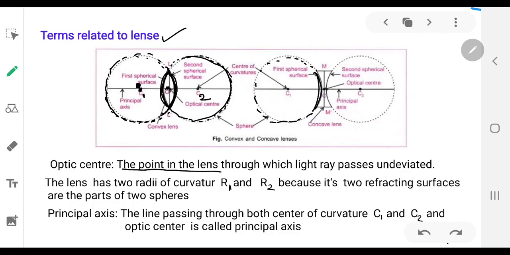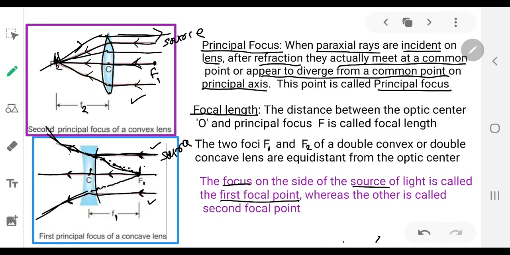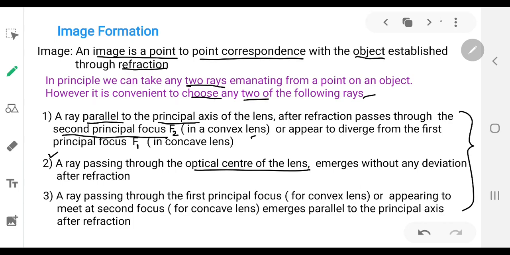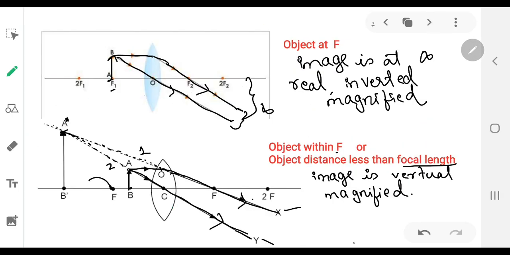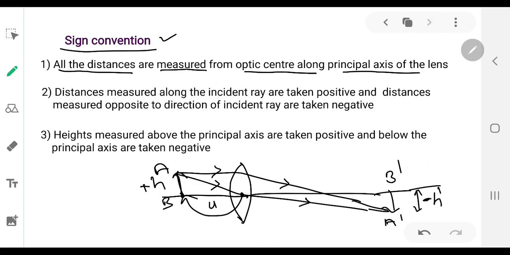Some important terms related to lens and image formation by the lens for various object distances. So go through the video and clarify your doubts in the doubt clarification session.